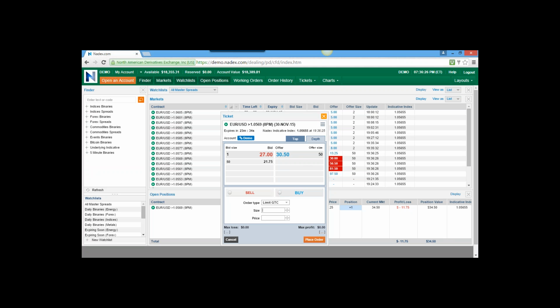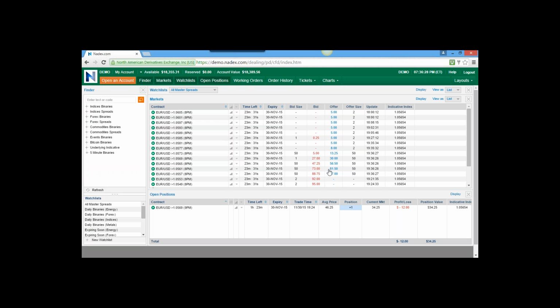Does that make sense? Let's take a look at something here. Right here, this is 0.569. Well, look just 4 ticks down, 0.565. What's the difference in value there? See that? What about another 4 ticks, 0.561? Boom, now we're getting up there. Just a few ticks can make a big difference in the value of a binary.